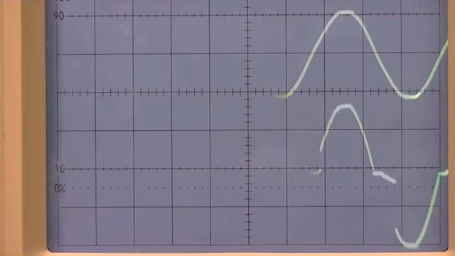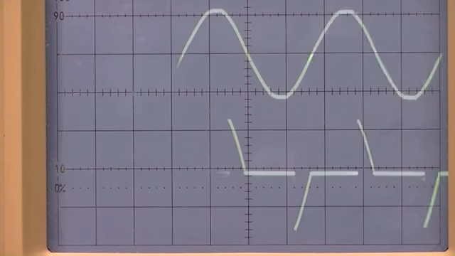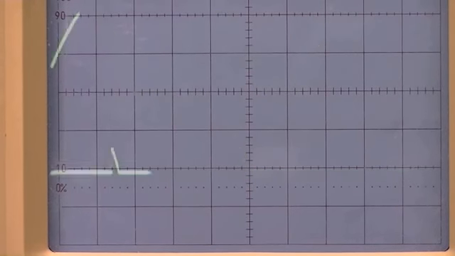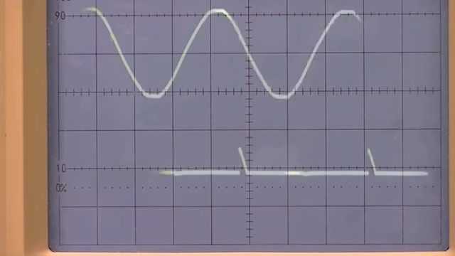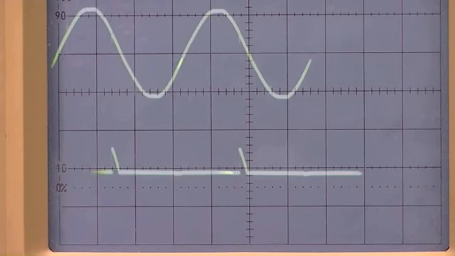And particularly right here, for instance, my light is very bright. Here it is very dim. This is what you call phase angle control, or phase control. And of course it's being done by an Arduino Nano.